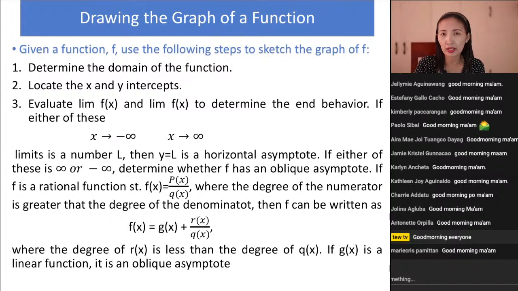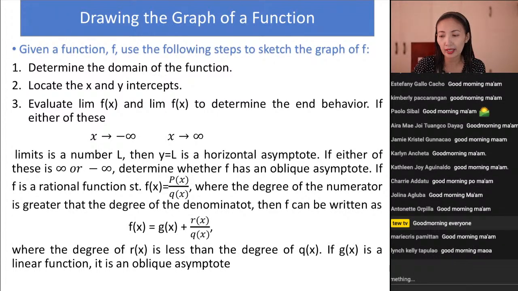In like manner, a rational function is a function that takes the form p of x over q of x, but the degree of the numerator is greater than the degree of the denominator.